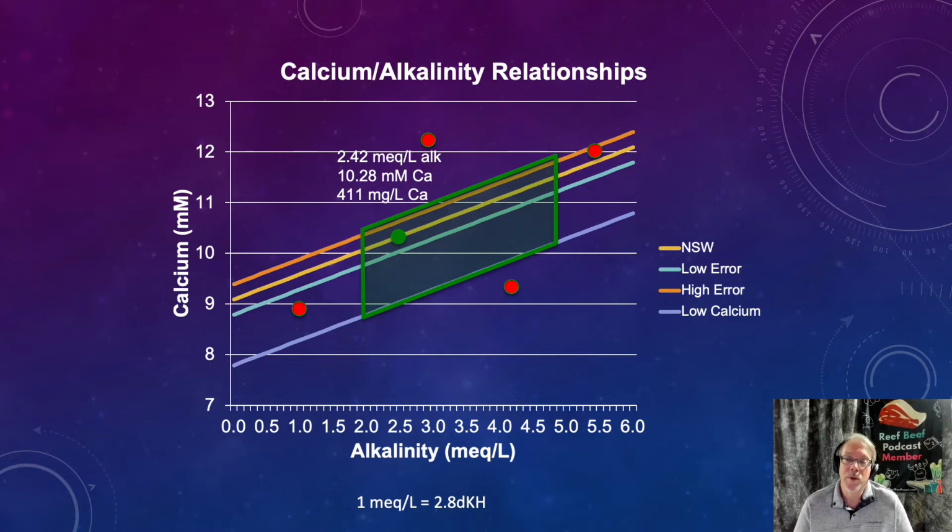For the purposes of our discussion, we could choose a set point on the green dot, which represents natural seawater conditions. So a little bit under about 2.2 milliequivalents per liter alkalinity, a little bit over 10 millimolar calcium, which translates to about 420 mg per liter calcium on a trivial concentration unit.